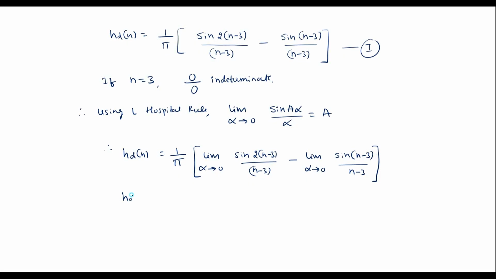Simplifying this, sine a alpha, here a is equivalent to 2 and alpha is equivalent to n minus 3. So sine a alpha divided by alpha is equal to a, that is in the first case 2, minus, in the second case a is 1. Therefore hd of 3 is equal to 1 over pi.